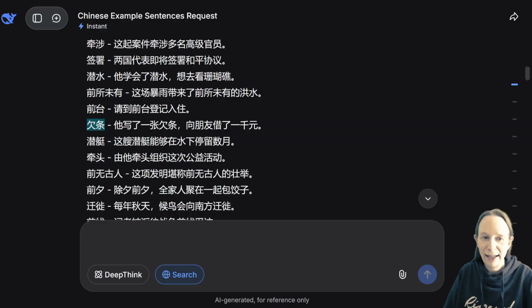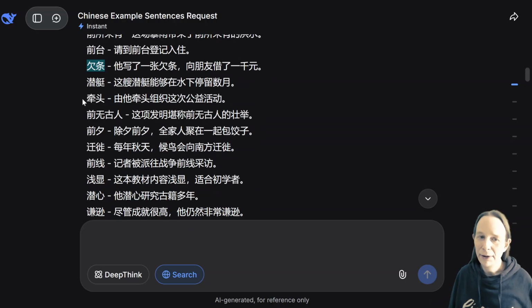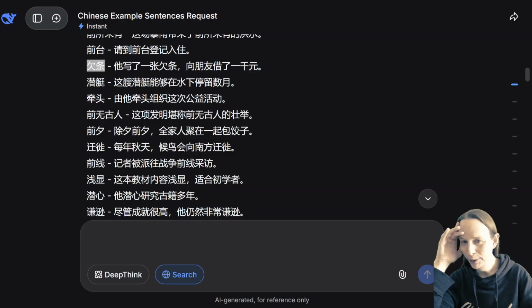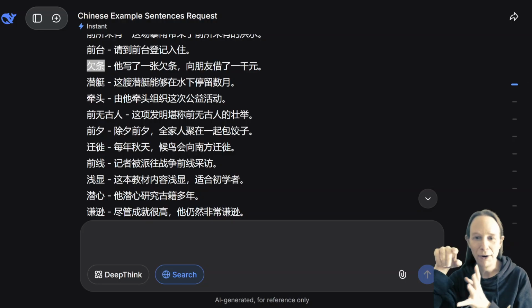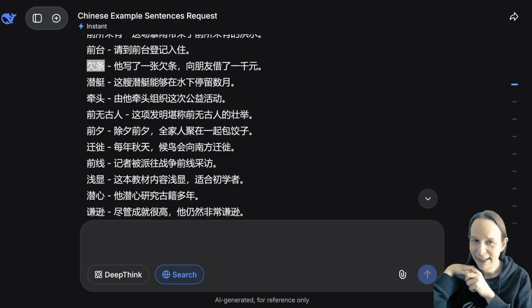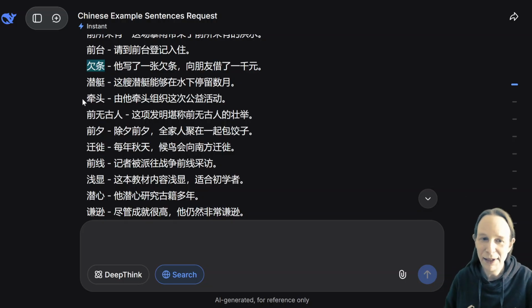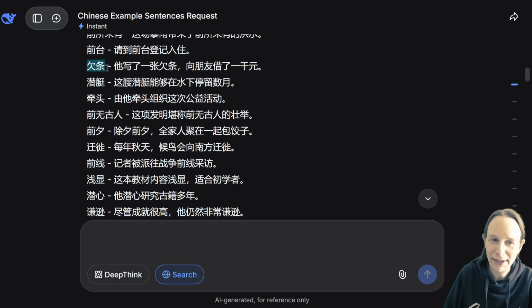Okay. Let's move on. 欠条. So 欠 we saw meaning to owe, such as to owe $5. 条 would be a note probably. I'm guessing this is an IOU. 他写了一张欠条向朋友借了1000元.